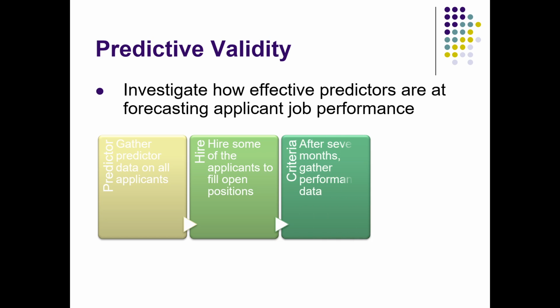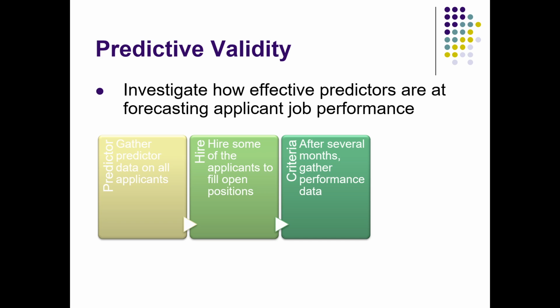Then we have some criterion that we're going to use, usually after some number of months on the job. You guys might be familiar with being hired and you're sort of on probation for 90 days. In some situations it might be more like 6 months or a year when we go back and assess whether this person was actually a very good fit for the job.